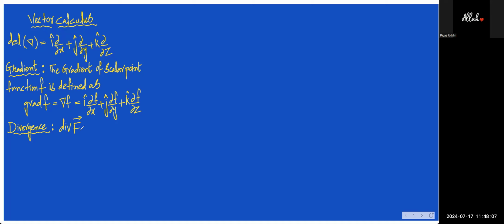We are using the symbol div instead of the full form, like here also for gradient we use the short form grad, and that value is nothing but del dot f. Students, I request once again, please give me the answer, so that I can understand that you understand.